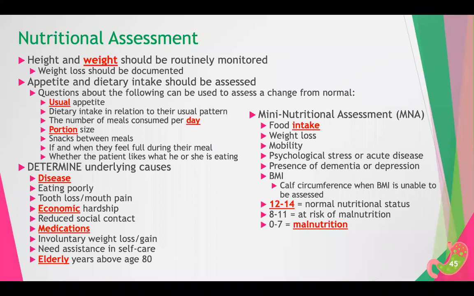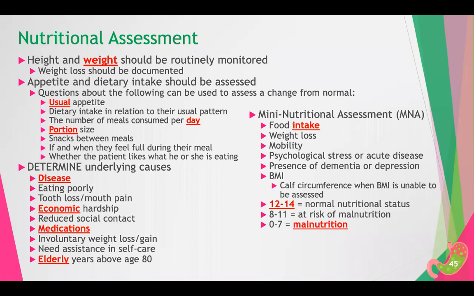And then there are different types of nutritional assessments. This was just one of the ones that was mentioned in your text: the Mini Nutritional Assessment, or the MNA. It is used to identify individuals who are 65 years or older who are malnourished or at risk for malnourishment. It contains 6 questions that ask about food intake, recent weight loss, mobility, if there's any psychological stress or acute disease, the presence of dementia or depression, and what the BMI is.